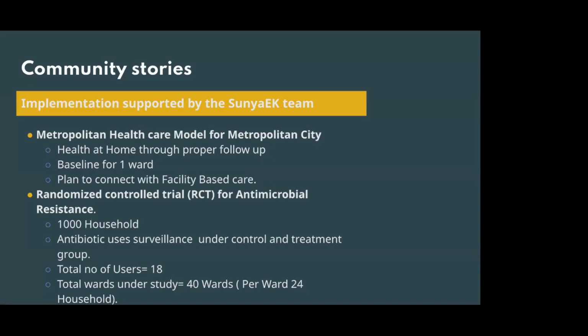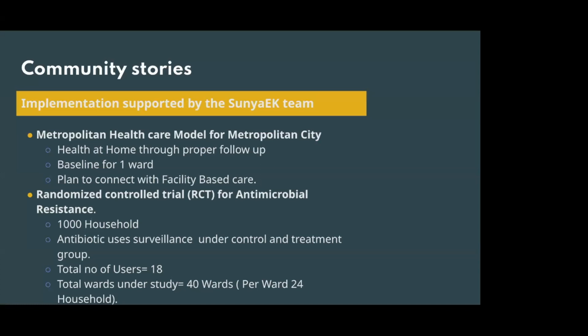The second one is the RCT, a randomized control trial, which is part of research from Penn State University, for which we have selected 1,000 households. Since this is an RCT, carried out with a control and treatment group, we have split the demographics in half: 500 households for the control group and 500 for the treatment group.